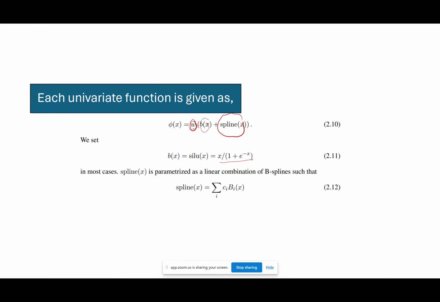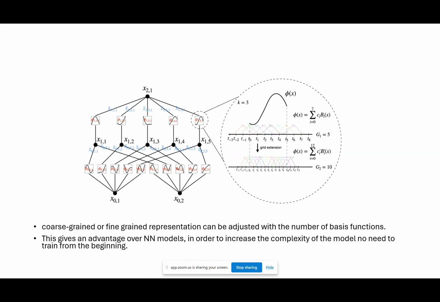One more interesting thing is that this phi(x), which is a spline, is a linear combination of multiple splines, and we can adjust the number of basis splines. Depending on the number of basis splines, the complexity of the model can be changed.